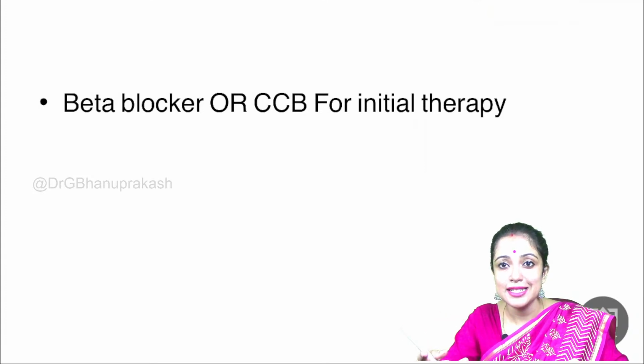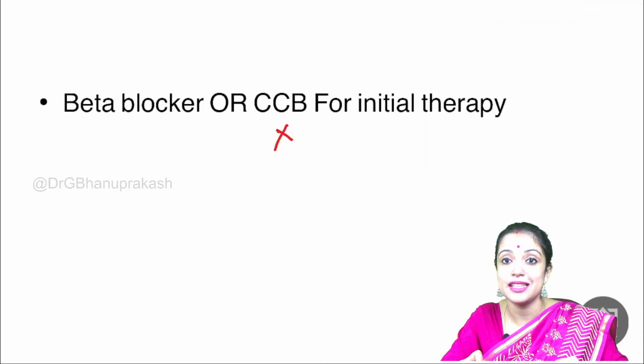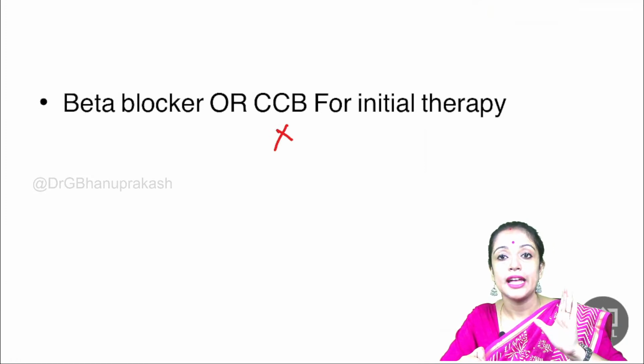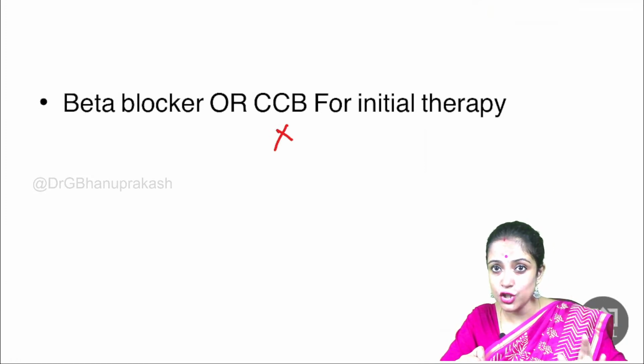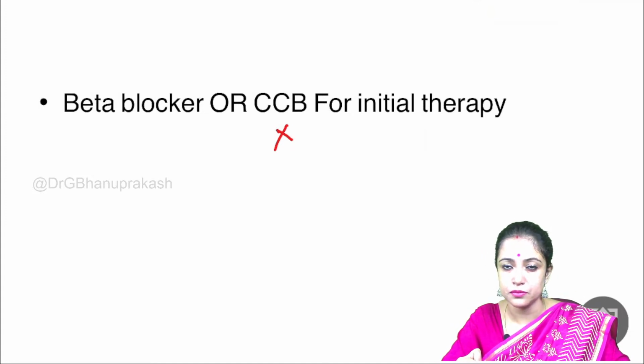Because in studies it has been seen that beta blockers increase the life expectancy of patients of myocardial infarction, whereas calcium channel blockers do not increase the life expectancy. So if we have to choose between calcium channel blocker and beta blocker as an initial agent, we use beta blocker if there is no contraindication.